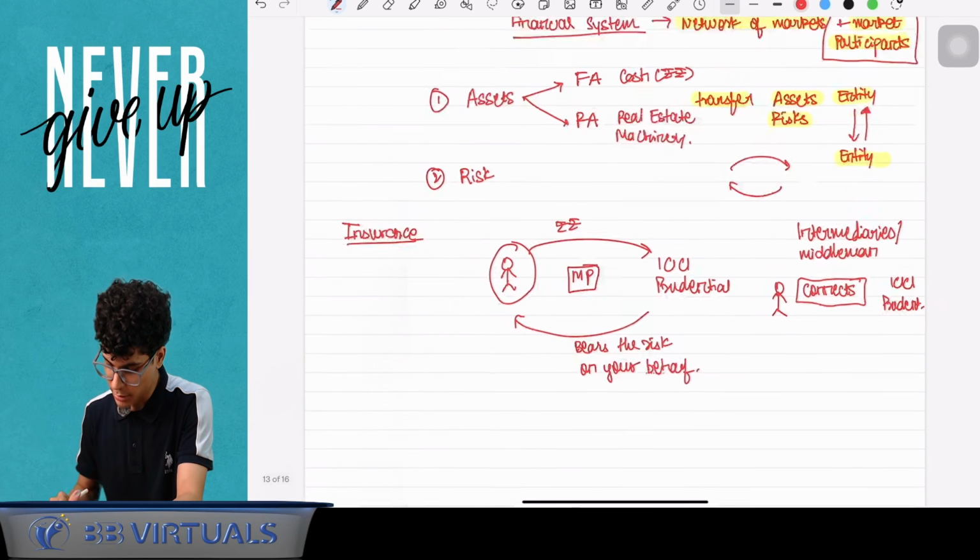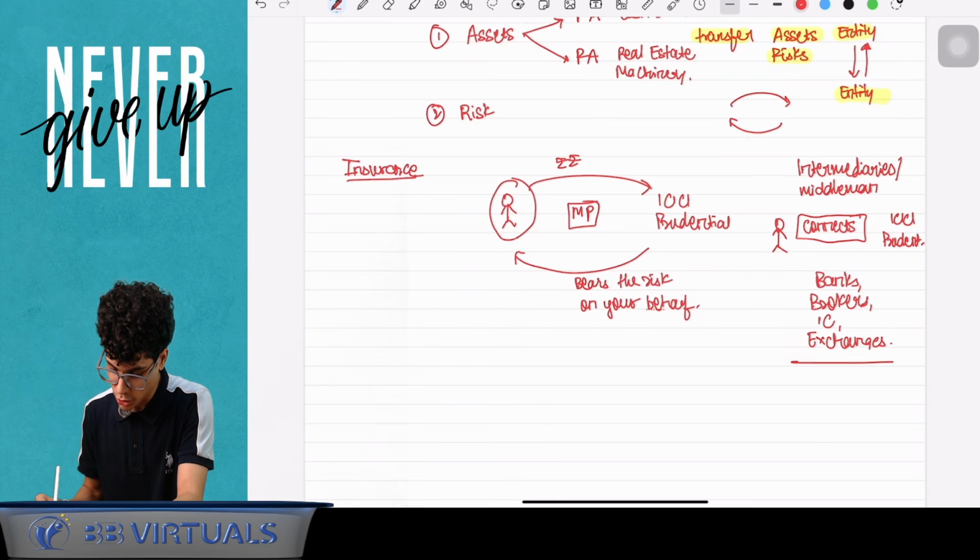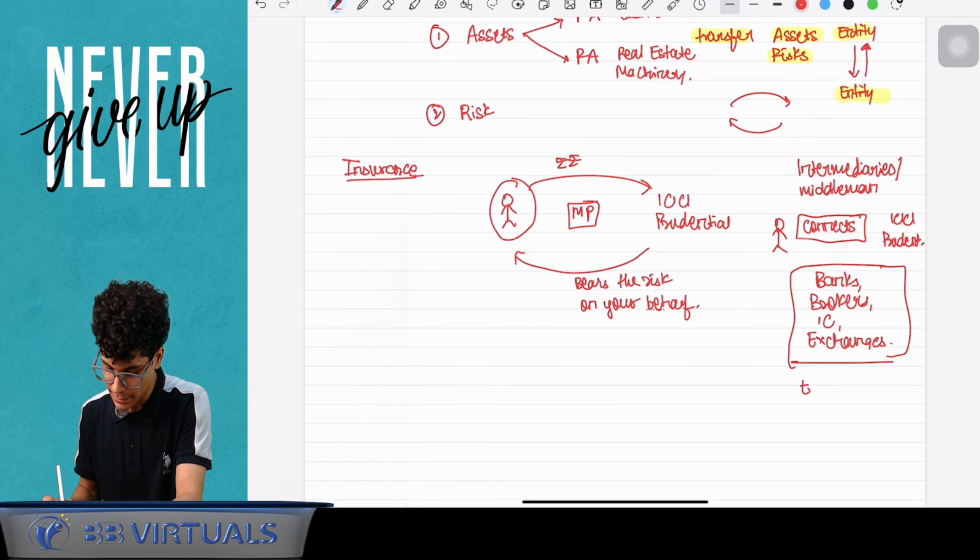So who could they be? They could be banks, they could be brokers, they could be insurance companies, they could be security market exchanges. Any person or any place, any person or an entity that helps to transfer assets and risks.